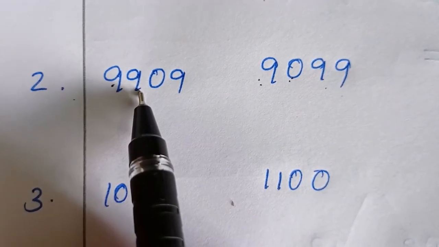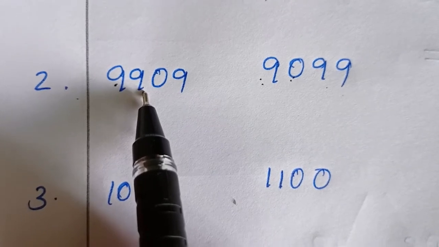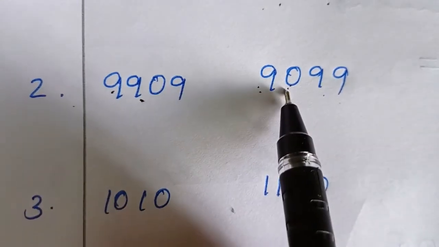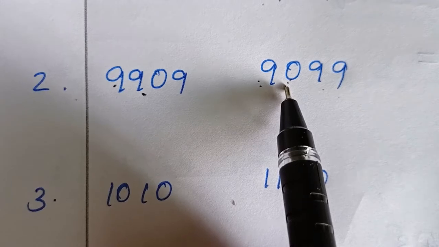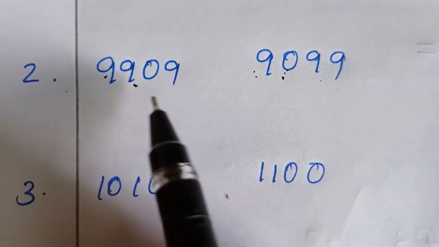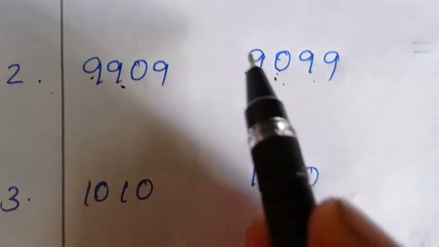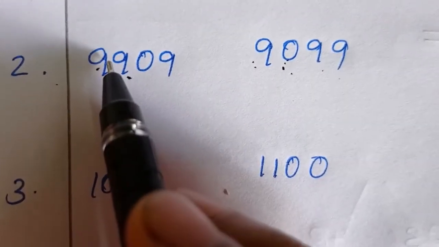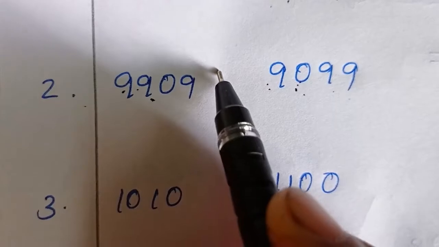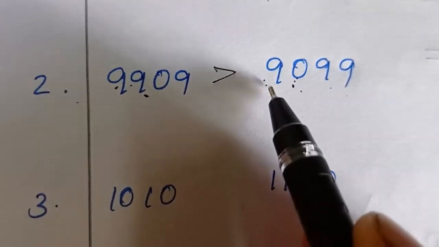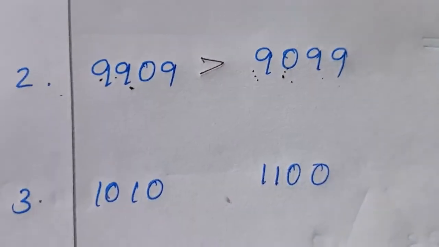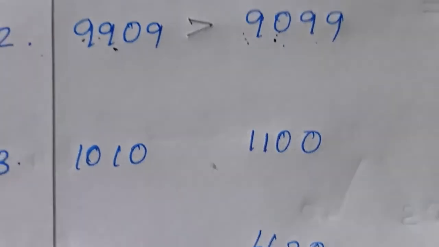The first number's hundreds place value is 9, and the second number's hundreds place value is 0. Which one is greater, 9 or 0? Yeah, 9. So we know that 9909 is greater than 9099.